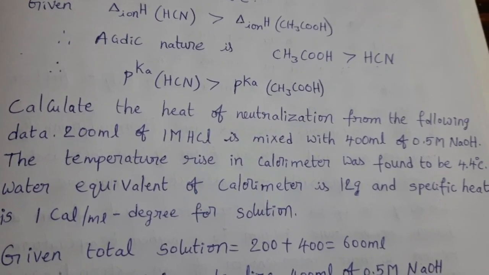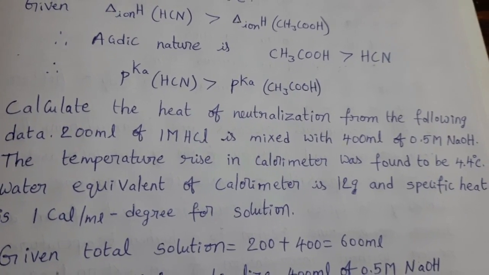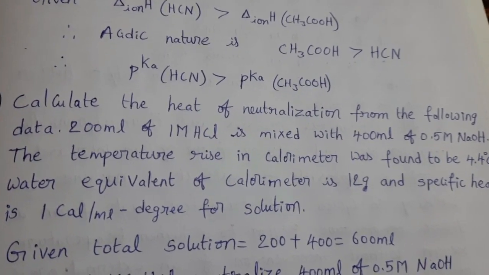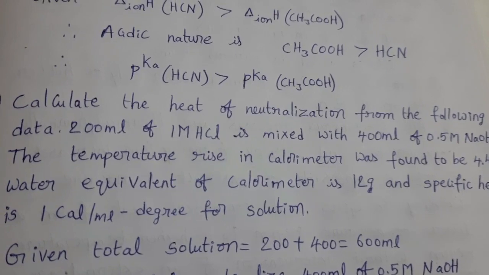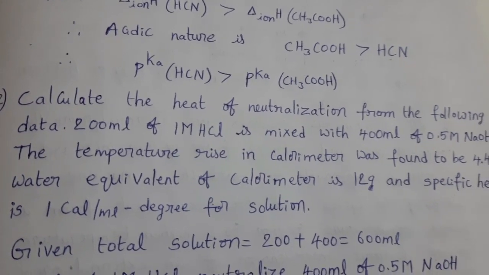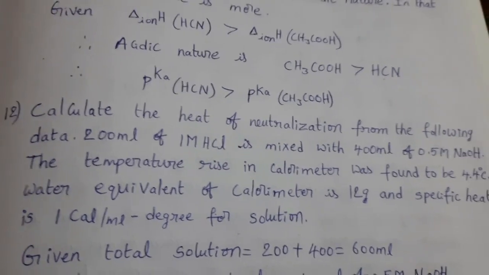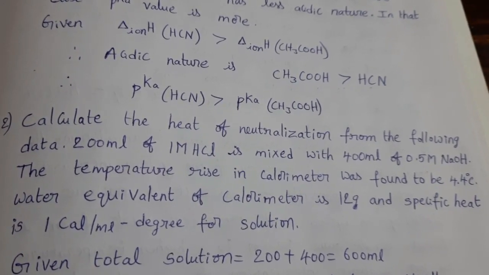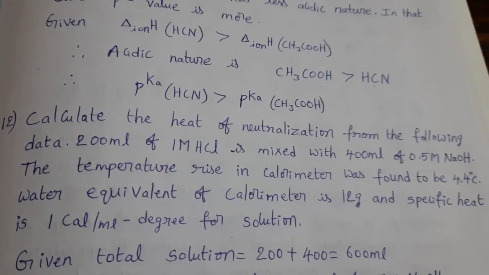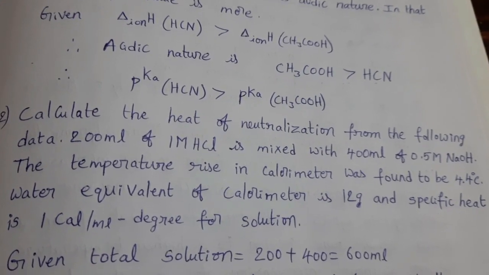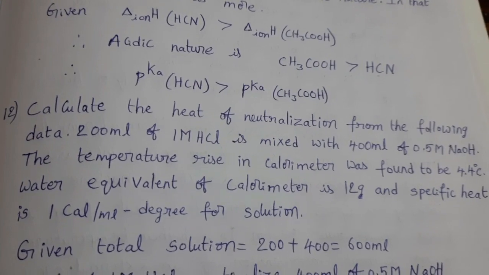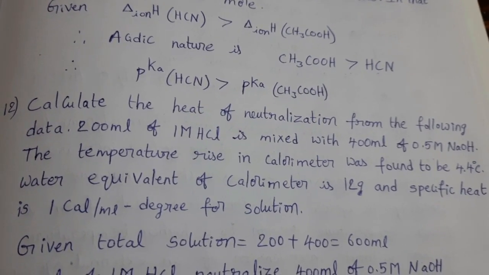Water equivalent of calorimeter is 12 grams and specific heat is 1 calorie per ml degree for solution. Okay, here heat of neutralization or enthalpy of neutralization we should find out. HCl is mixed with NaOH. Molarity, volume of HCl and NaOH are given and temperature rise is also given.